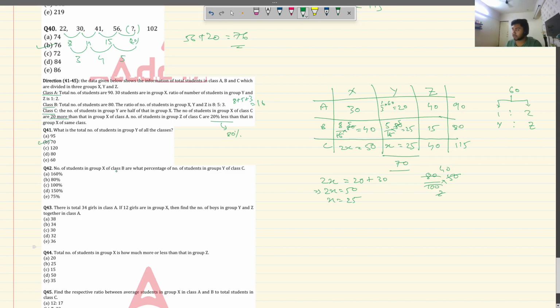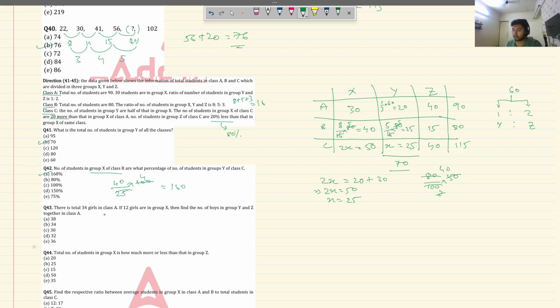Number of students in group X of class B, which is 40, are what percentage of number of students in group Y of class A, that is 25? 40 by 25 into 100, 2500 is 4, 4 into 40 is 160, 160%.